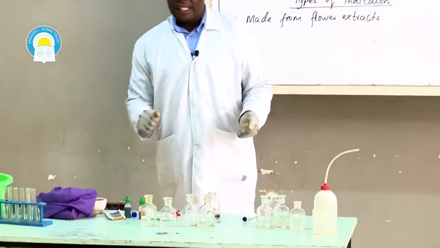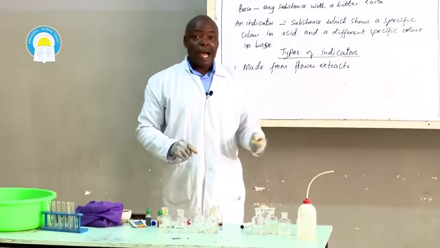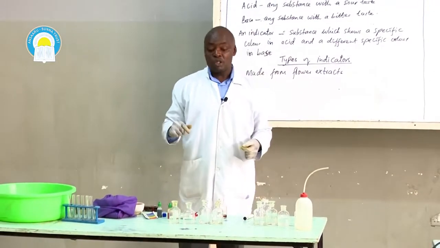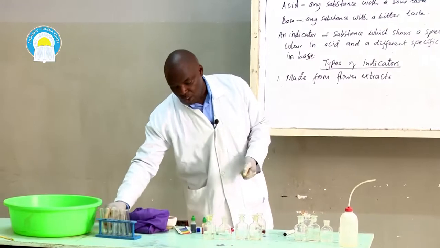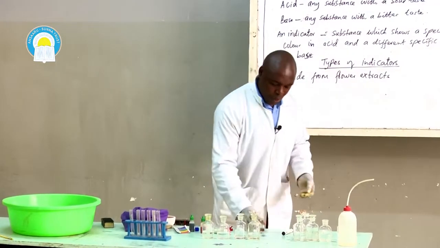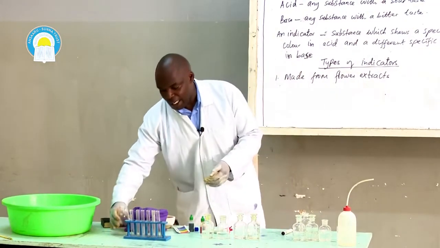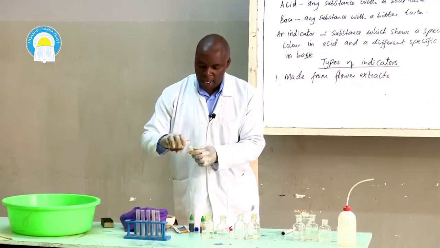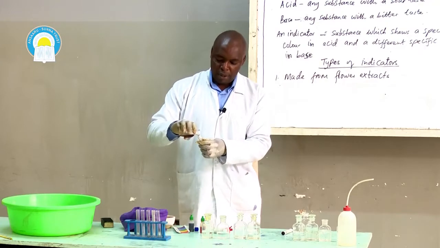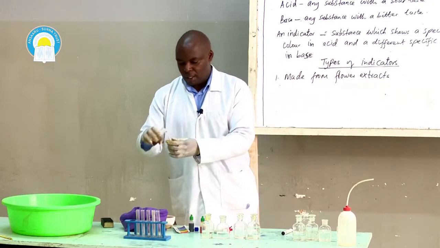Now, to prove that this is an indicator, I'm going to use various solutions of acid and various solutions of bases to see whether they show a different color in acid and a different specific color in base.